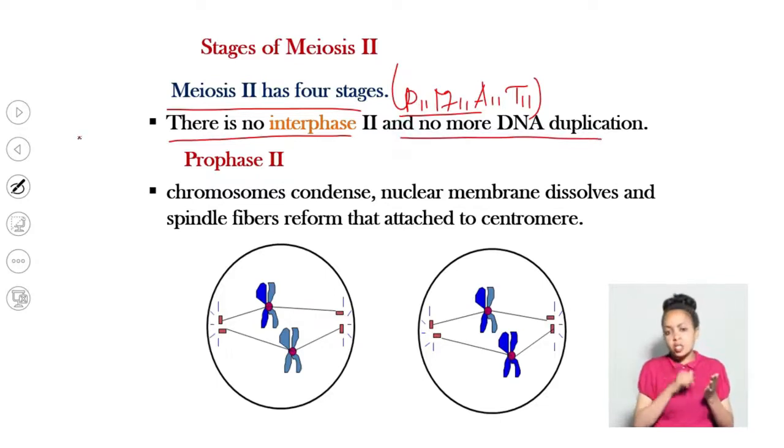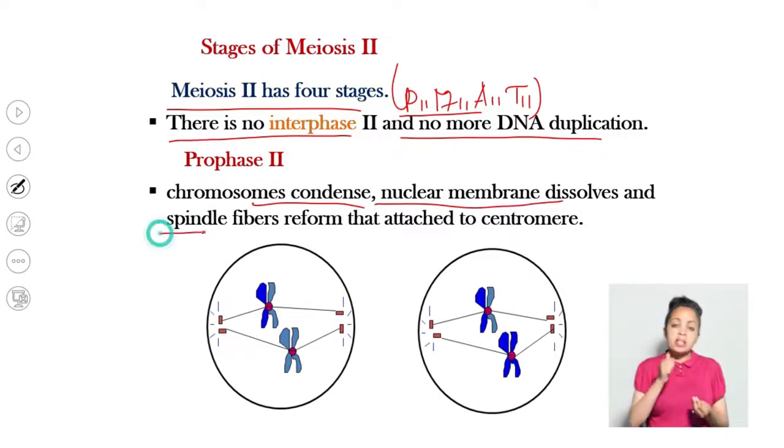No interphase. During prophase II, chromosomes condense. The nuclear membrane disappears or dissolves. The spindle fibers that move chromosomes from one place to another through the cell are reformed, and the chromosomes are still attached together by the centromere.